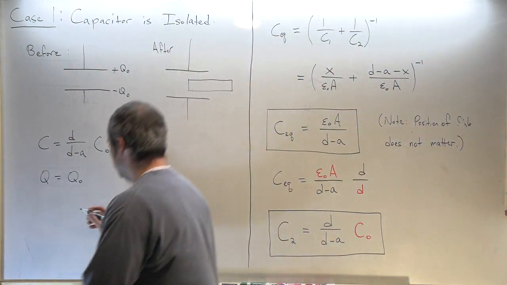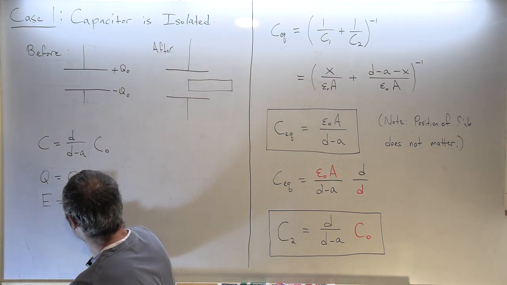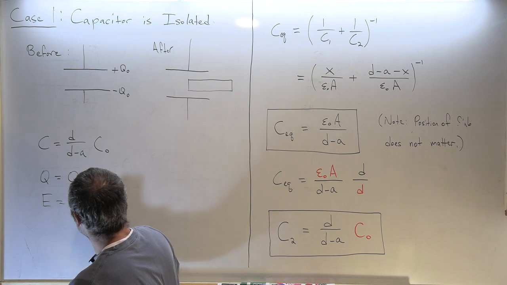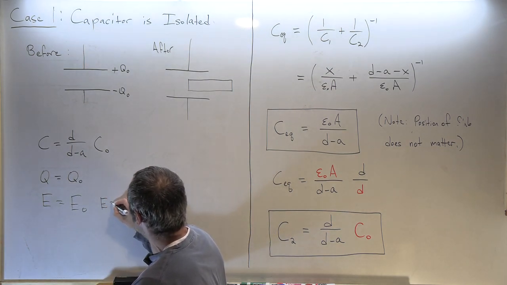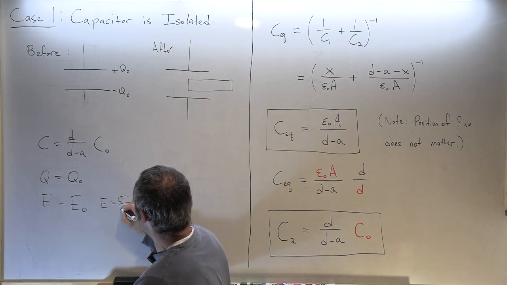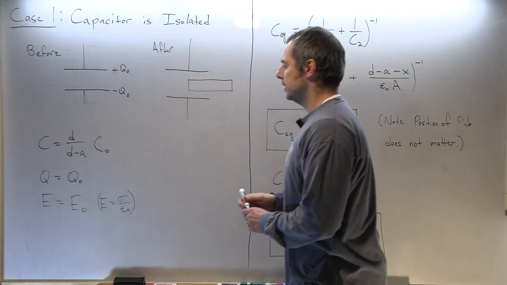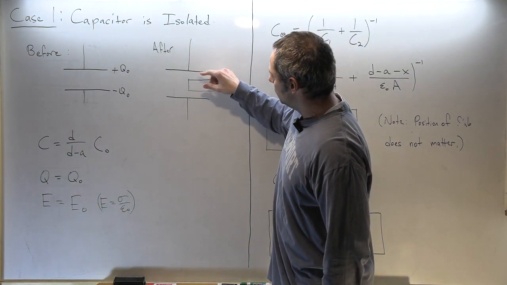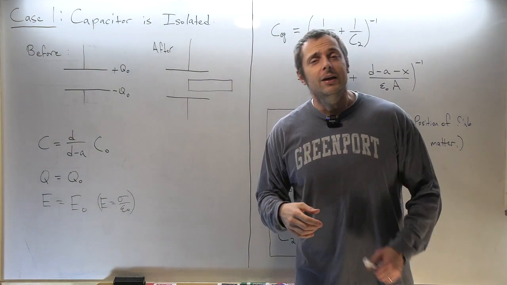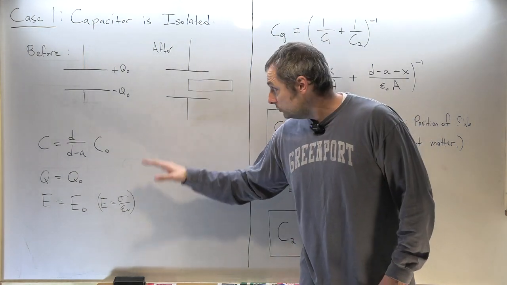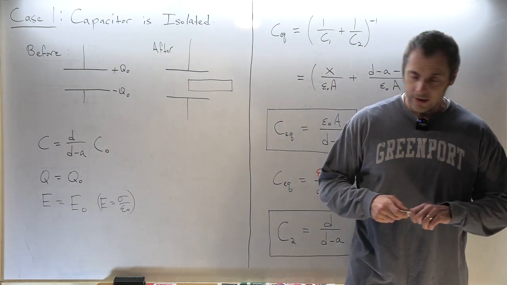The electric field, therefore, also does not change. And how do we know that? Well, remember, E equals sigma over epsilon 0 around an infinite plate of charge. If we haven't changed the charge, we'd create a little Gaussian surface, do Gauss's law, and nothing's going to change. So same charge, same sigma, same electric field.